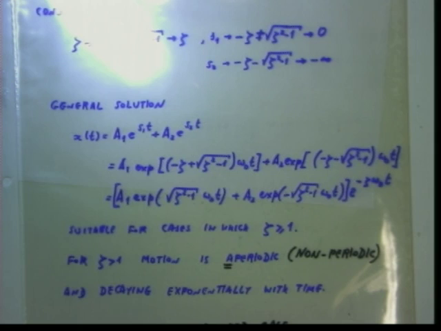Now, this representation is good for the overdamped case, because I have here zeta square minus 1. When zeta is greater than 1, this is a very comfortable representation. For zeta greater than 1, the motion is aperiodic, non-periodic. Indeed, there is e to the power minus zeta omega sub 0 t, which decays with greater time.